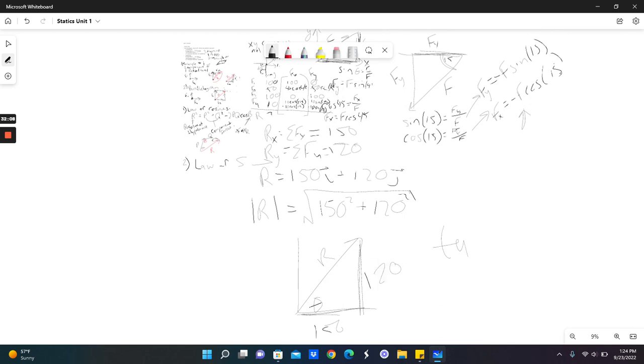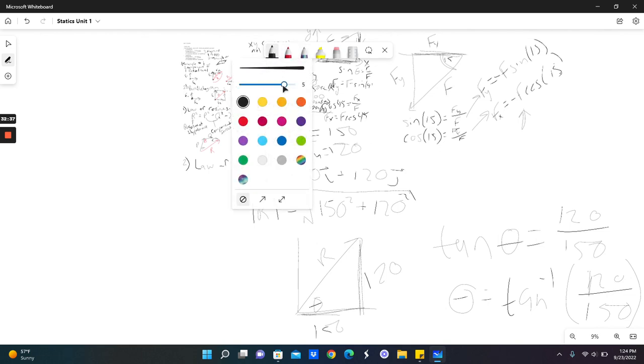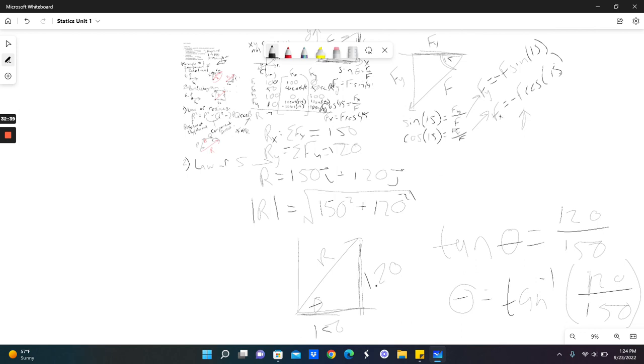Tangent theta equals opposite over adjacent. Opposite, the one not touching it, is 120, over adjacent is 150. So we could do theta equals the inverse tangent of 120 over 150. That would get you the angle.